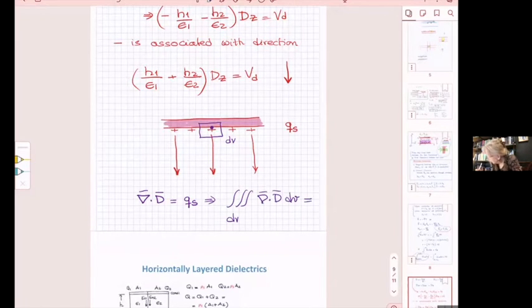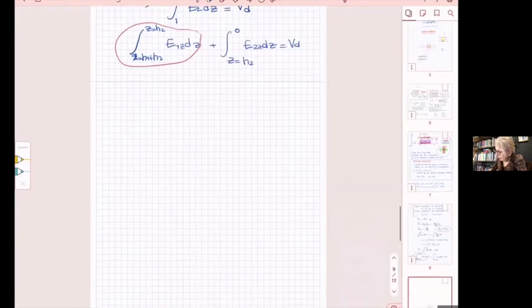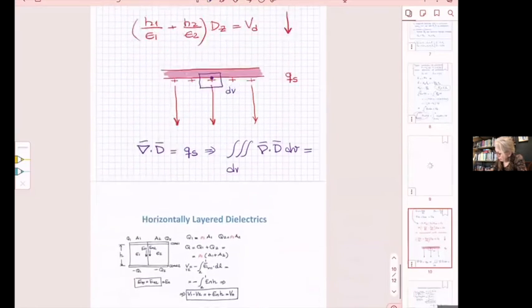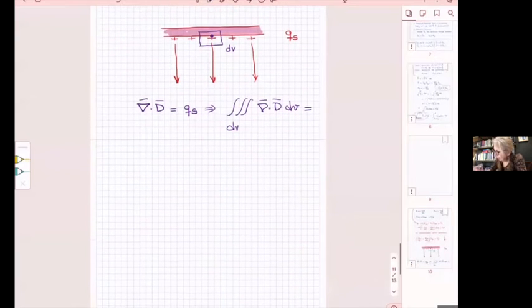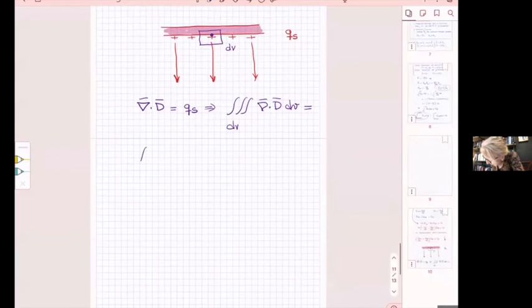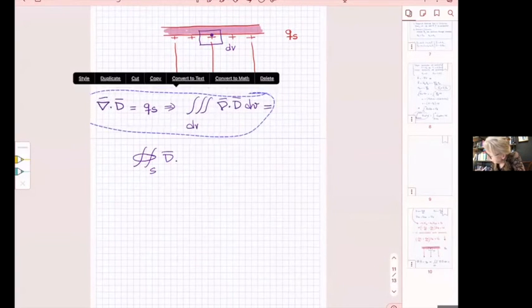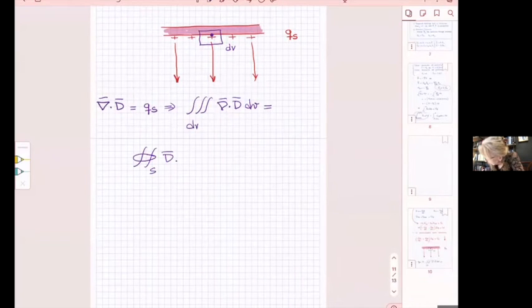And this one gives me the closed surface integral of D dot dS. Oh, excuse me, I forgot to put this other one around here. And that's going to be the integral of Q sub S dV.